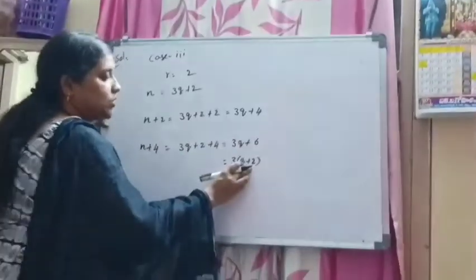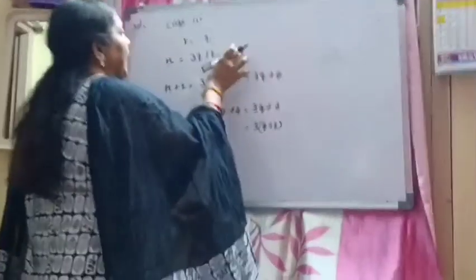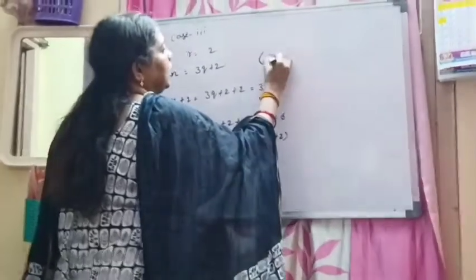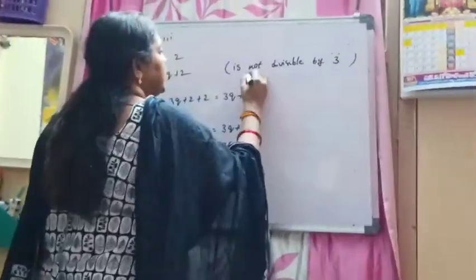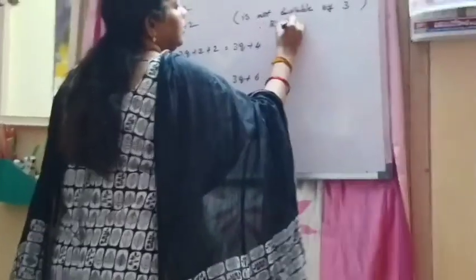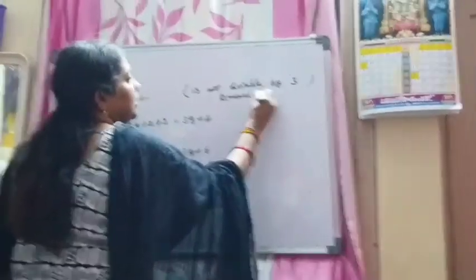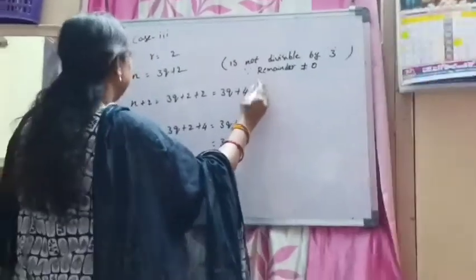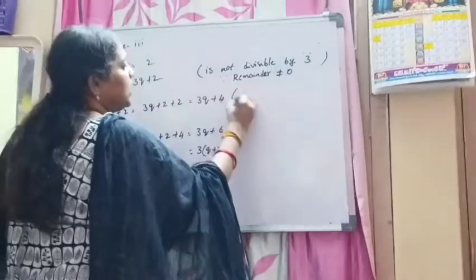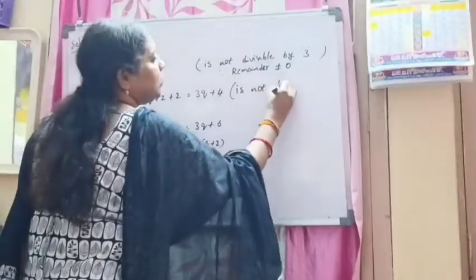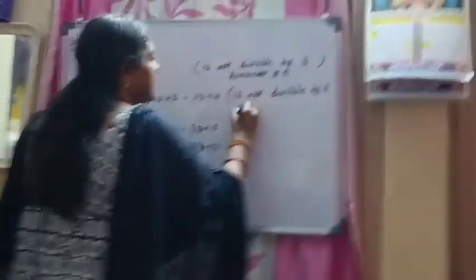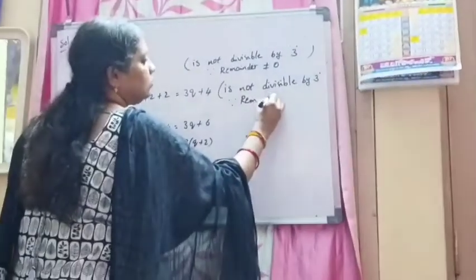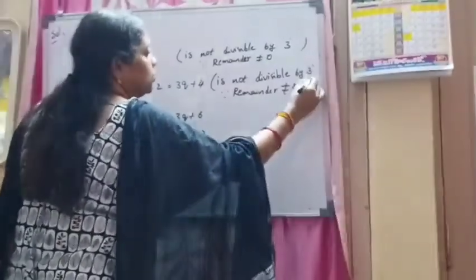So, here n is equal to 3q plus 2, which is not divisible by 3, since the remainder is not equal to 0. n plus 2 is equal to 3q plus 4, which is not divisible by 3, since the remainder is not equal to 0.